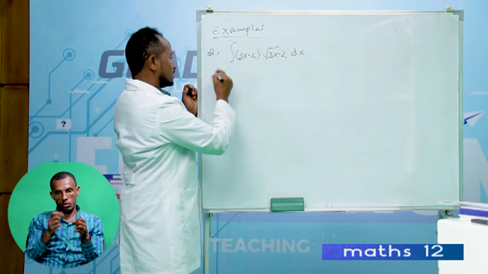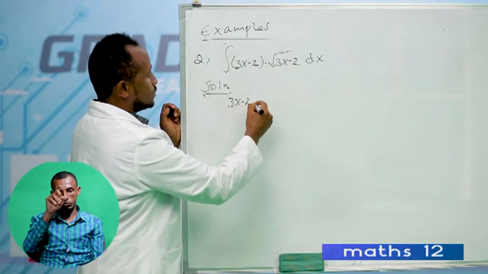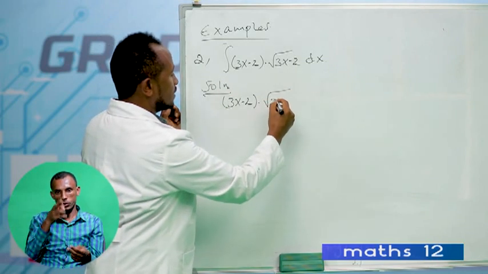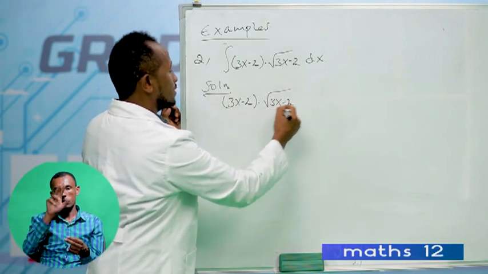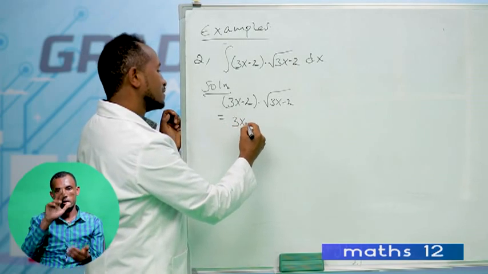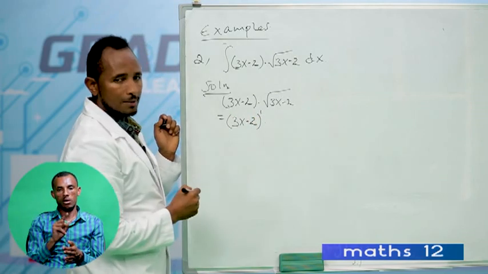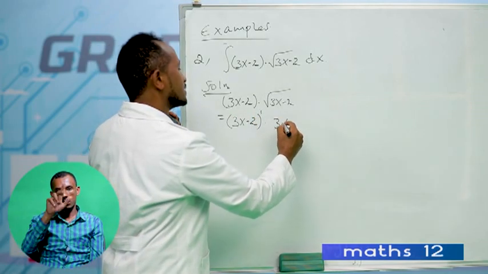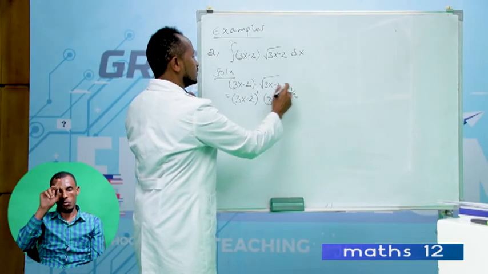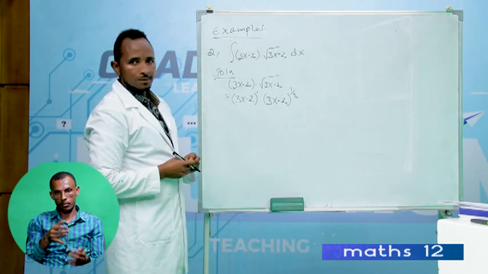So to do that, (3x - 2) times the square root of (3x - 2) is equal to simply (3x - 2)^1 times (3x - 2)^(1/2). When you change the square root into power form, it becomes this.